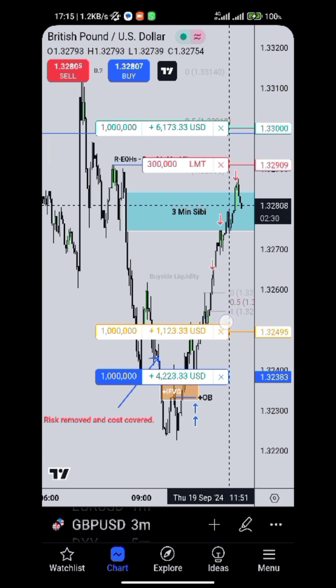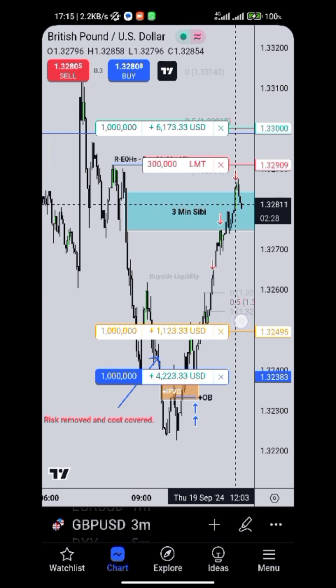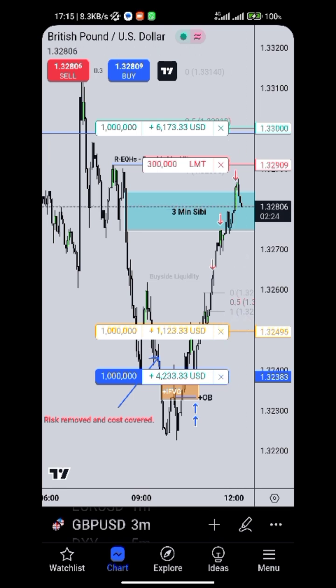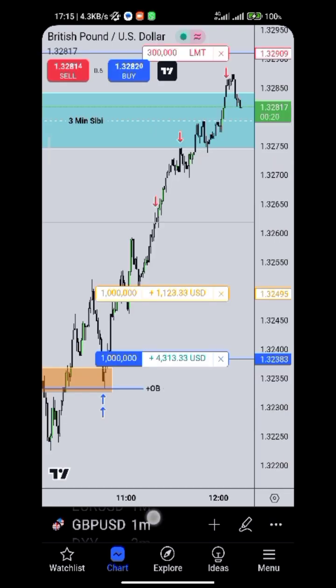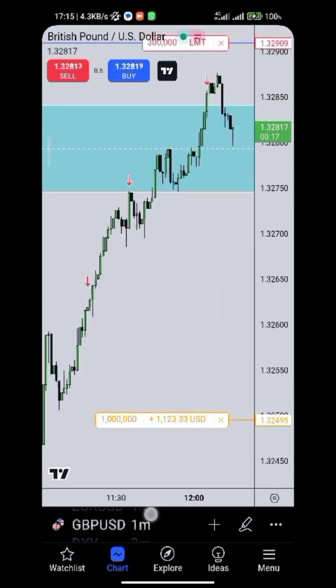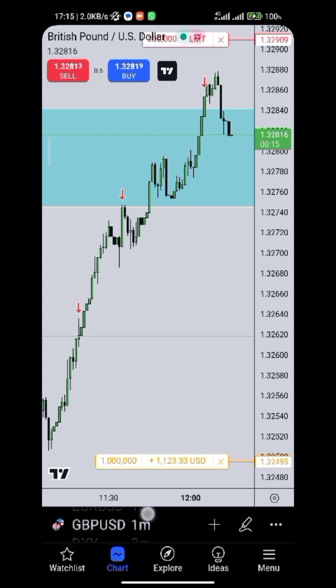So the open is 0.32793, the low is 0.32796. Oh, this isn't going low enough.